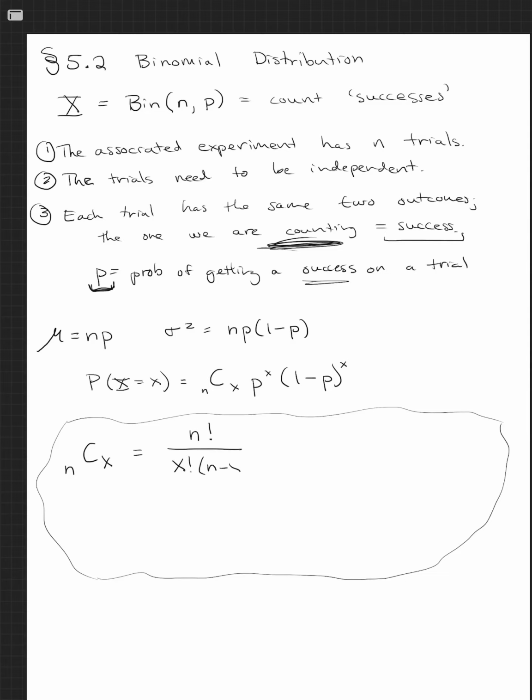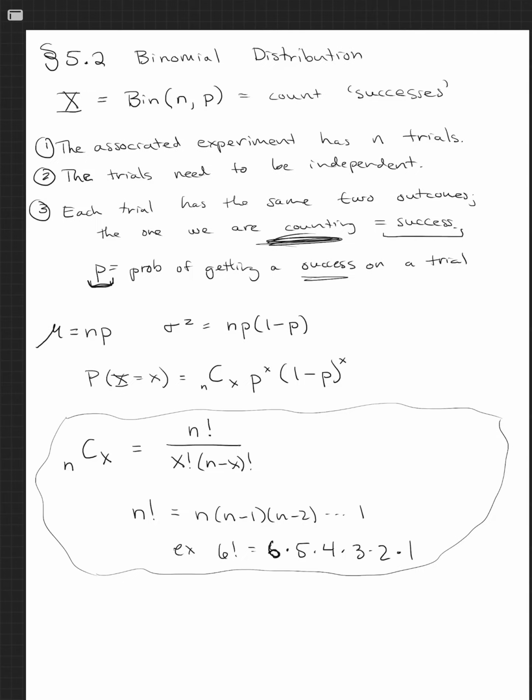So n choose x is shorthand for n factorial divided by x factorial times n minus x factorial. And n factorial is shorthand for n times n minus 1 times n minus 2 all the way down to 1. Right? So for example, 6 factorial is 6 times 5 times 4 times 3 times 2 times 1.